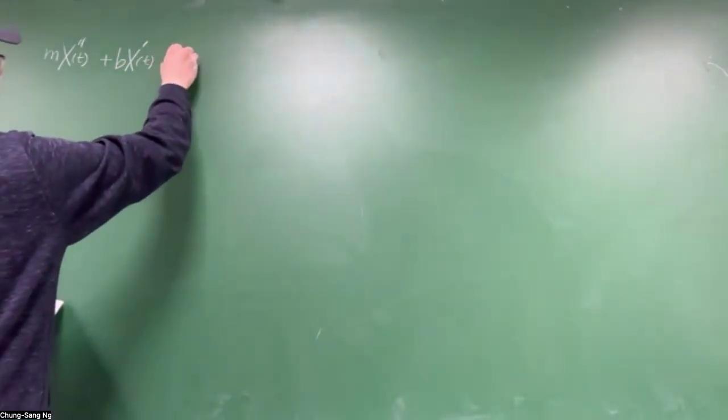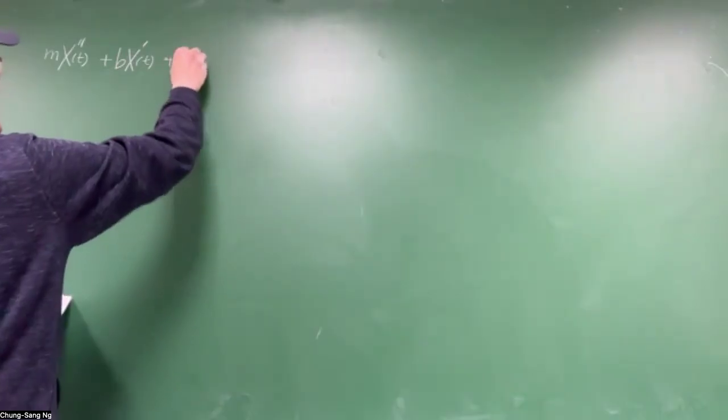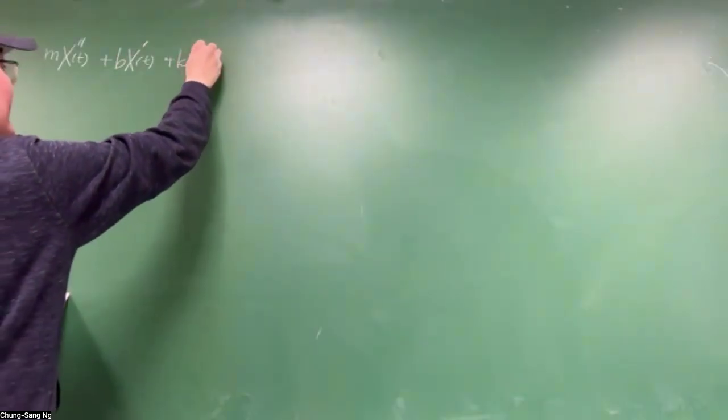So the equation, the left-hand side is the same: m x double prime. The second derivative is the acceleration. Plus the damping term, coefficient b, and then x prime is the velocity. Plus k x. k is like a spring constant.